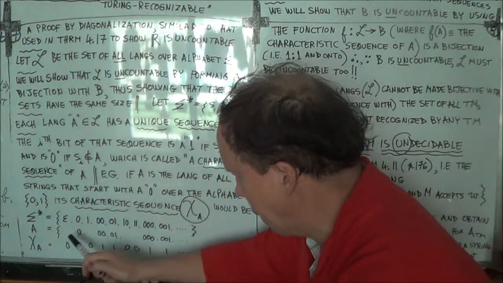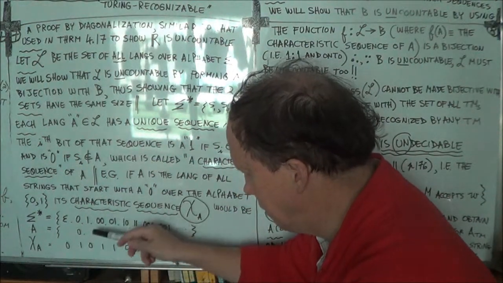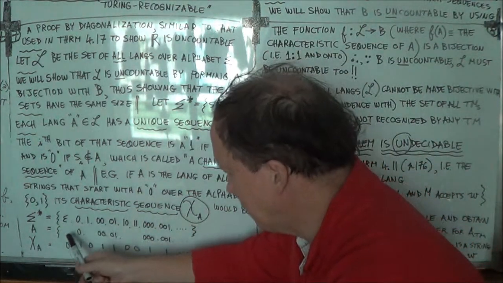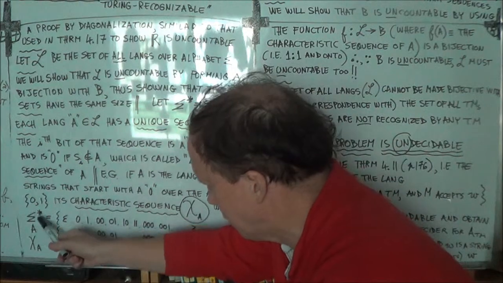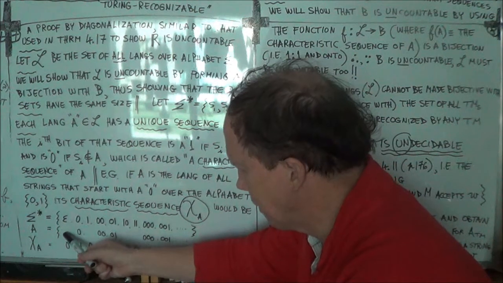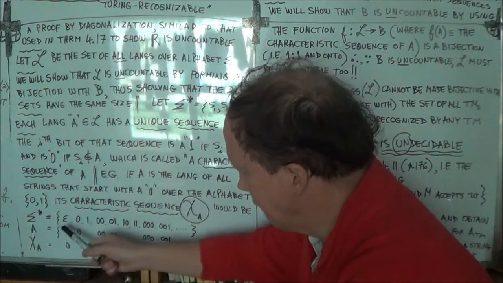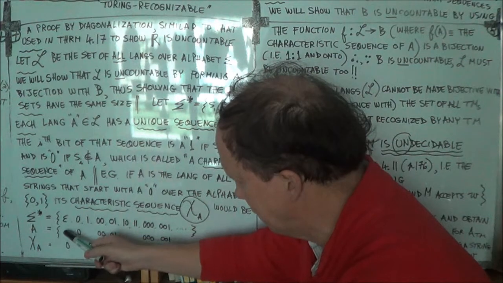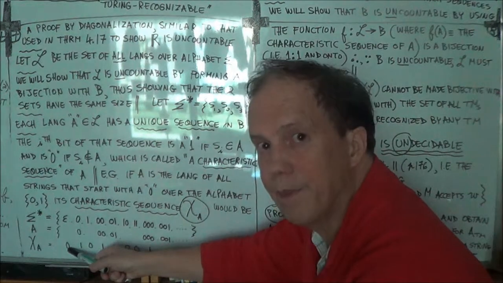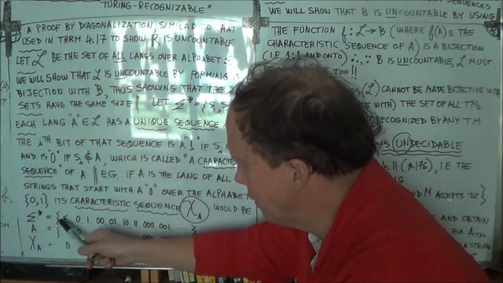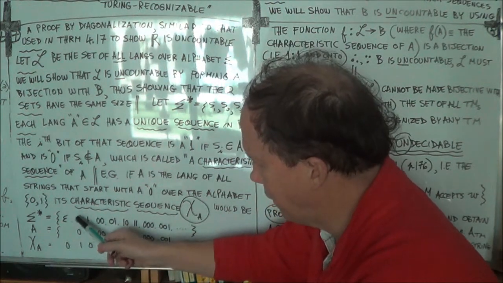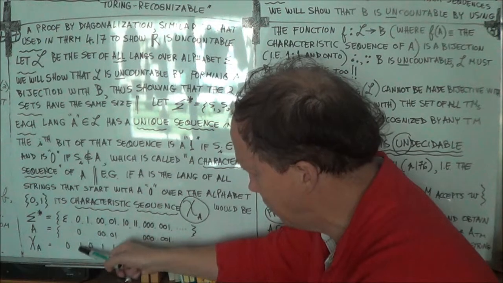Well, you look at these two lists, and you look at the first member of this infinite list. If whatever is here is not in the language, you put a 0 in that position. And if what's here is in the language, you put a 1.